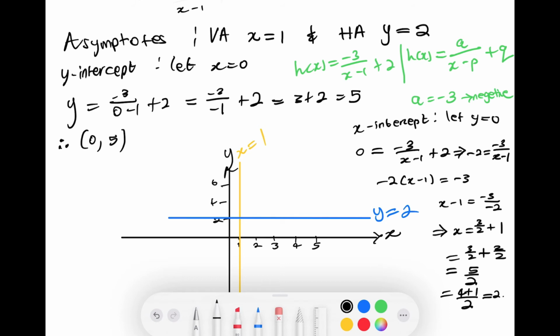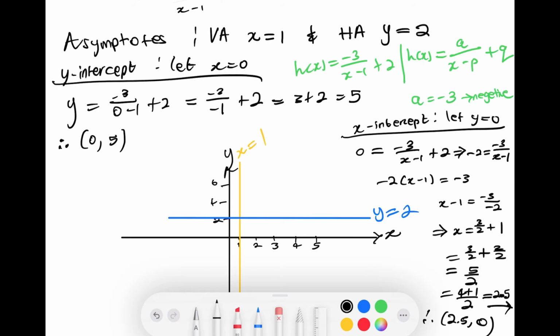You'll get 2 plus a half, but a half is 0.5, therefore you get 2 plus 0.5, which is 2.5. See, you don't need a calculator. Therefore, our x-intercept is the point (2.5, 0). And you found your intercepts.